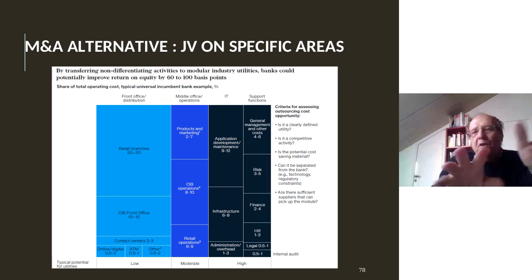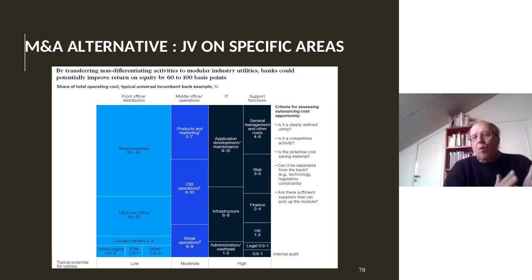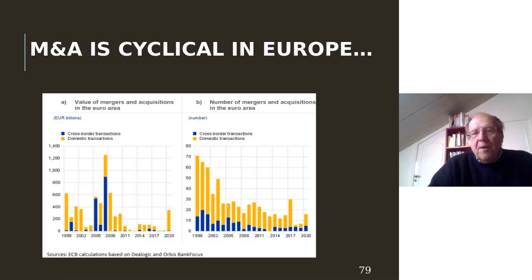So you have ideas like sharing the front office, sharing the IT, sharing the marketing. So you have a couple of ideas of where you can do things through joint ventures rather than merger and acquisition, if you want to do something lighter and not too traumatic.